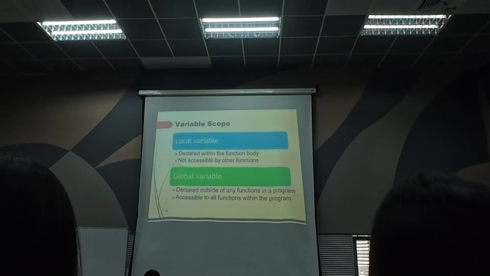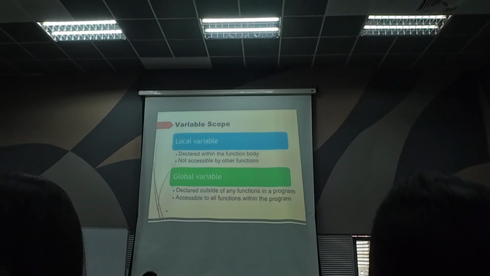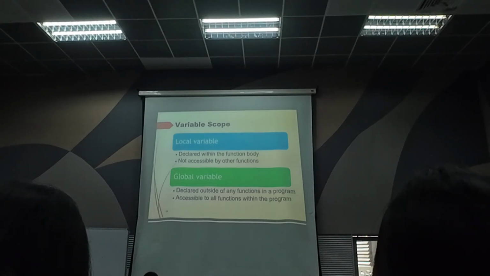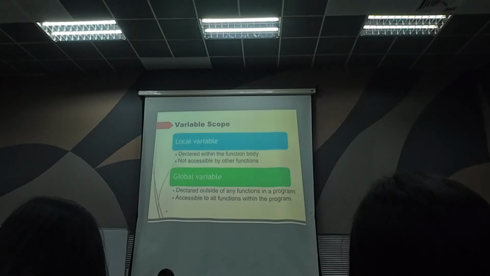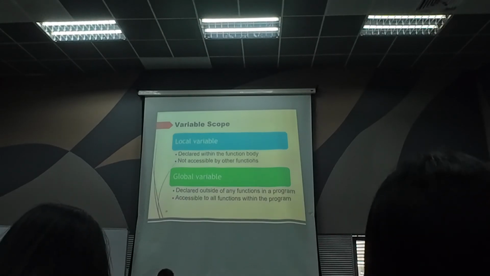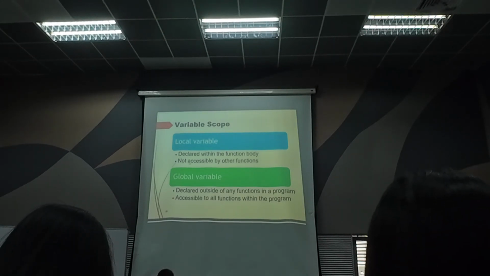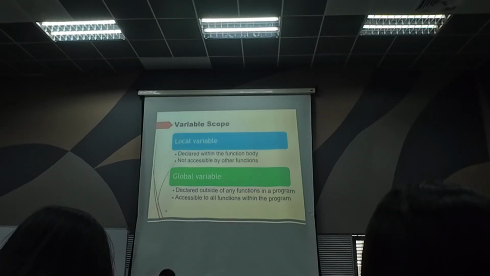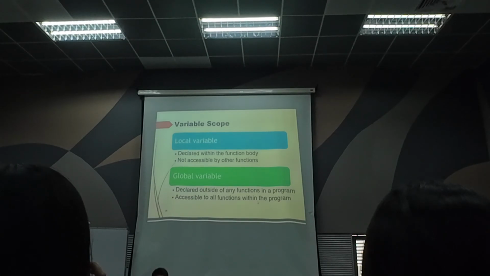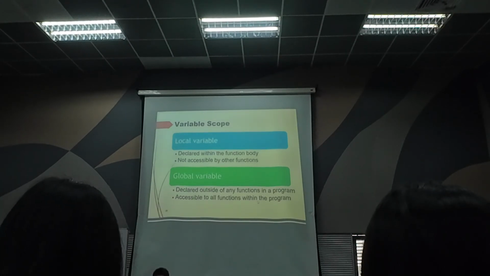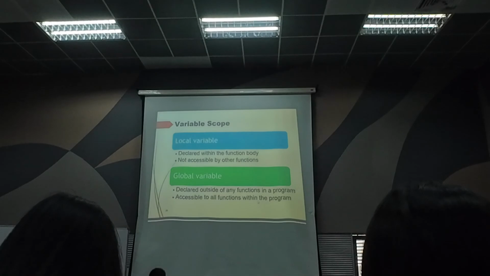We have two variable types: local variables and global variables. A local variable is declared within the function body and is not accessible by other functions. Global variables are declared outside of any functions in the program and are accessible to all functions within the program. The one we're using just now is the global variable.